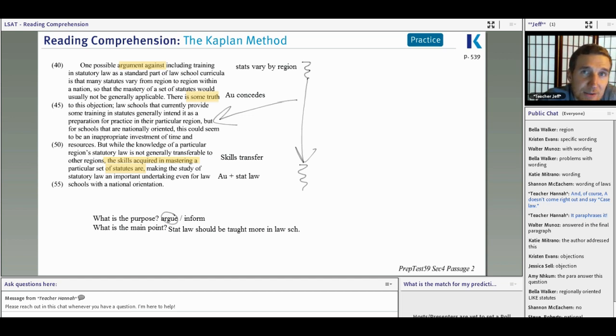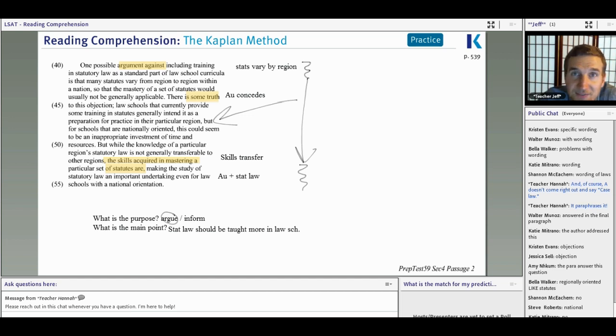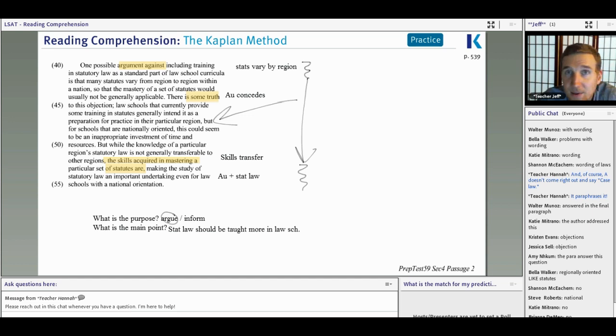The problem with statutes is they don't transfer from region to region. So if it's a nationally oriented school, it's a problem. Is it going to be a problem for a regionally oriented school? Would a regionally oriented school have a problem with statutes that are in a given region? No, because the statutes are focused in that region. This is the test makers being sneaky, subbing in region instead of national.